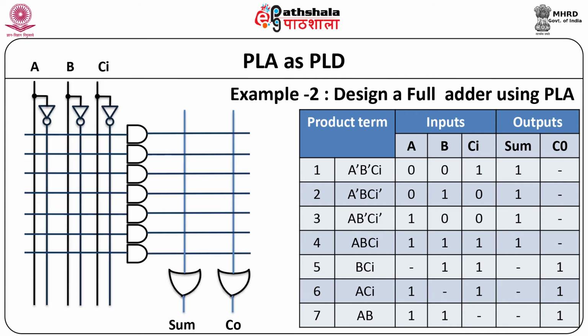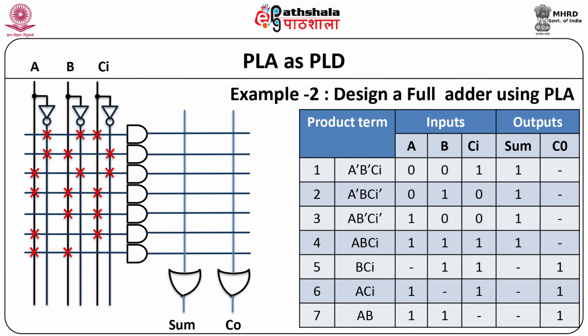Let us now determine the size of PLA. PLA requires 3 inputs, 7 product terms and 2 outputs. Figure shows 3 inputs A, B, Ci in complemented and uncomplemented form, 7 AND gates corresponding to 7 product terms and 2 OR gates corresponding to 2 outputs.